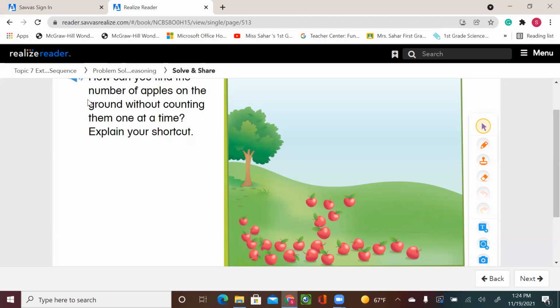We can group them in tens. So let's see. 1, 2, 3, 4, 5, 6, 7, 8, 9, 10. So that could be a group. So I'm gonna go like that.